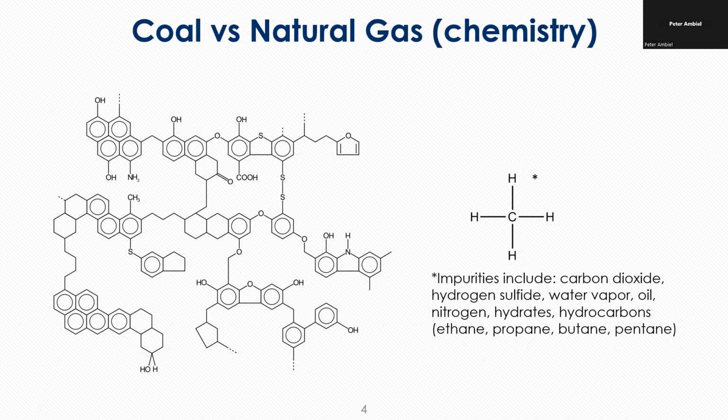But it does include lots of impurities when extracted in its raw form, things like CO2, hydrogen sulfide, water vapor, oil, nitrogen, hydrates, or other hydrocarbons. And so some processing is needed in order to get it as clean as possible.